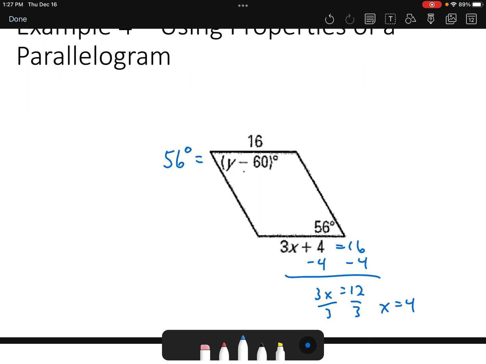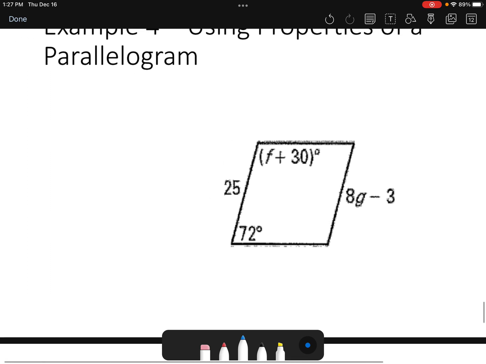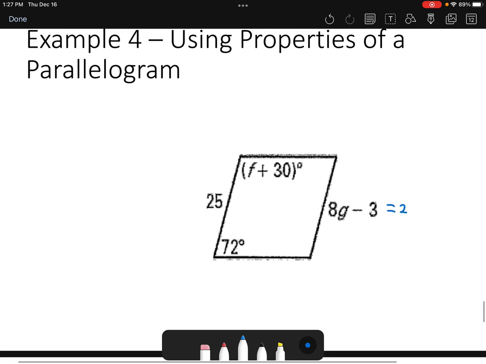We know that y minus 60 is 56, opposite angles. Add 60, so that's 116 for y. Let's see, we know that 8g minus 3 would be equal to 25, correct? So we're going to add 3.